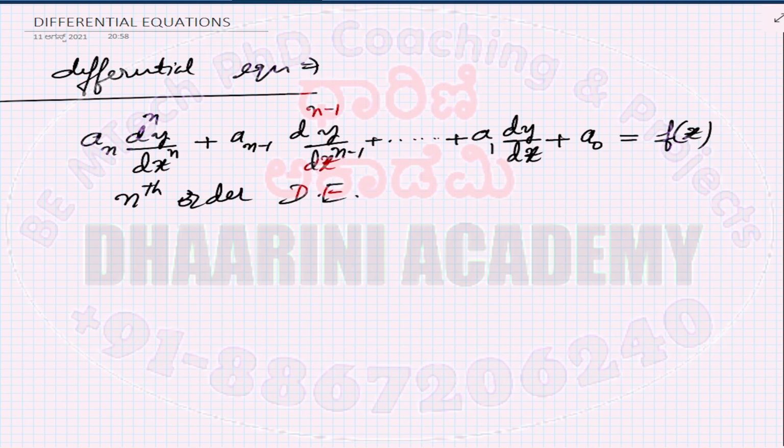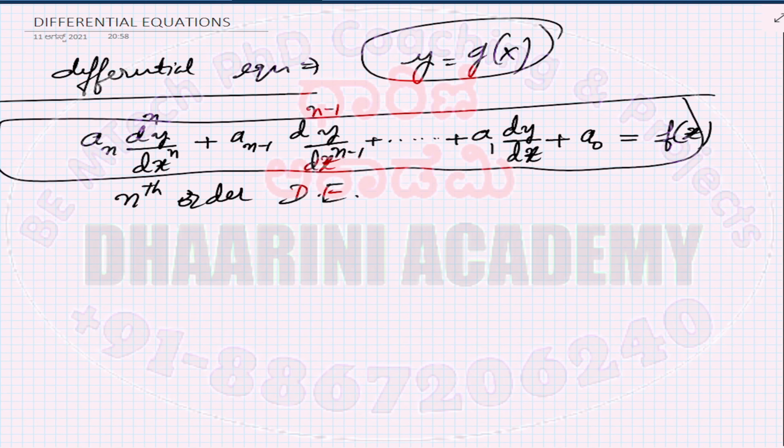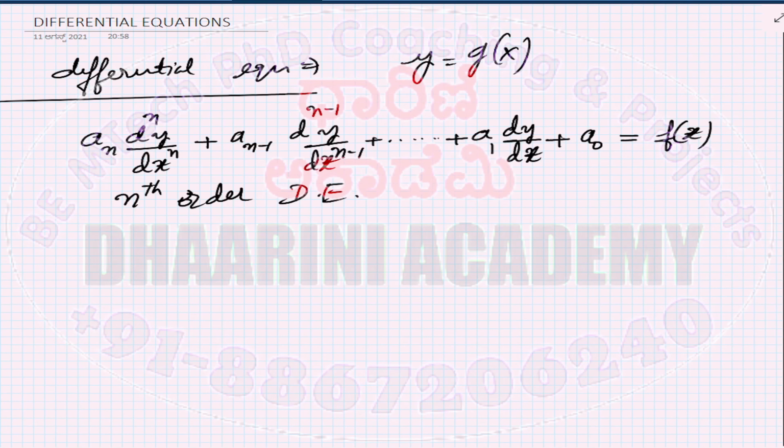First thing to remember: normally we have a function y equal to some function, say g of x. You differentiated this so many times to get this particular equation. That's what is referred to as a differential equation, and you use differentiation n times to get it, so you call this an nth order differential equation.